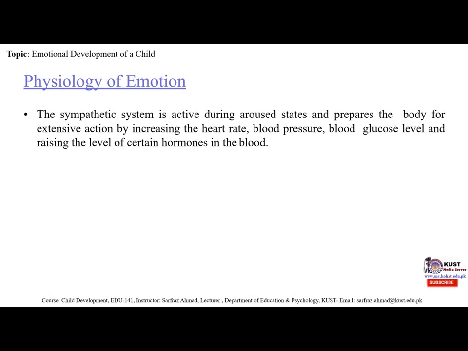Now, the physiology of emotion means the sympathetic system is active during aroused states and prepares the body for extensive action, increasing the heart rate, blood pressure, and blood glucose level, and raising the level of certain hormones in the blood.